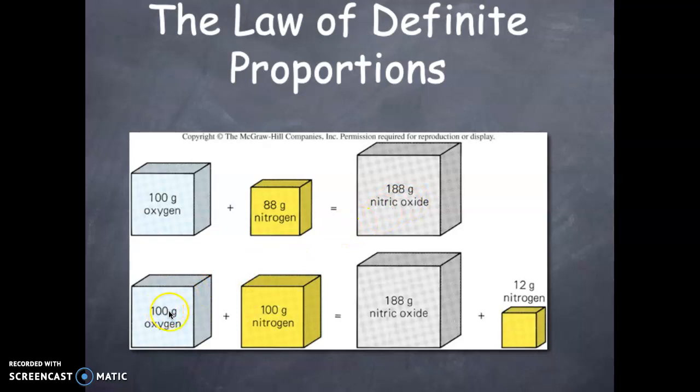If you take 100 grams of oxygen and try to combine that with 100 grams of nitrogen, you will get 180 grams of nitric oxide and 20 grams of nitrogen remaining. So not all of it will combine in this process.